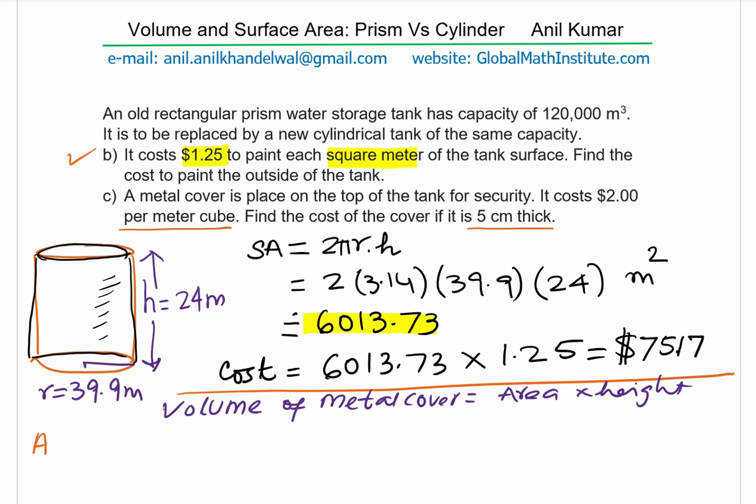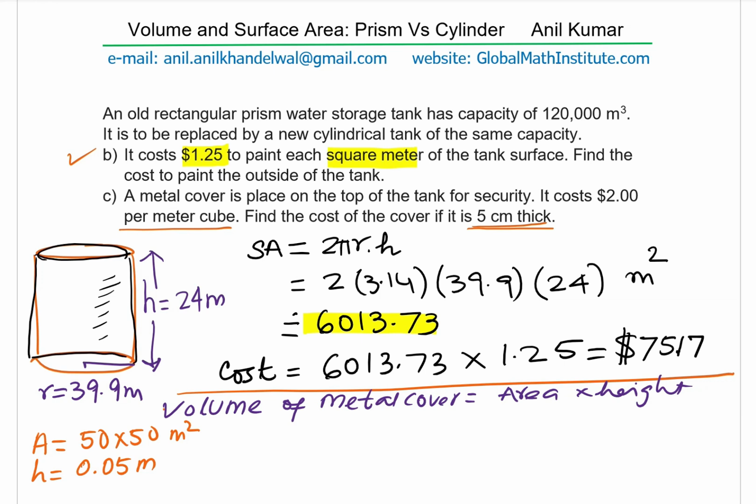Well, we have already calculated the area as 50 times 50, right? And the height in this case is 0.05 meters. We have to convert centimeters to meters. Does that make sense to you? Since area is in meters square.